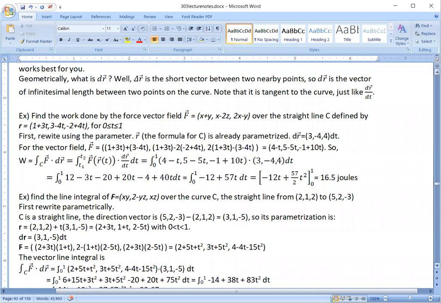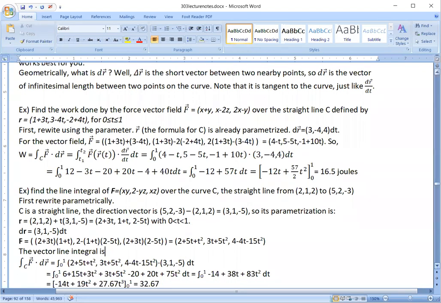There's just a whole bunch of algebra there, but after you take the dot product and simplify, you get -14 plus 38t plus 83t squared. Integrate that dt and then evaluate from 0 to 1. That part is pretty straightforward. You get 32.67, or really 32 2/3.